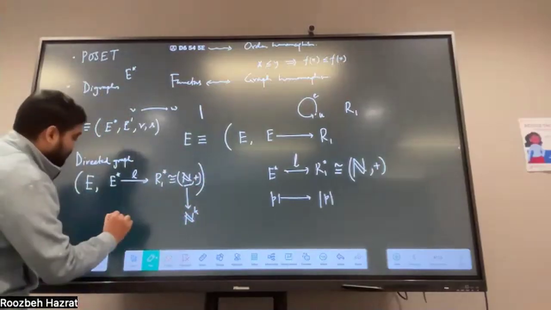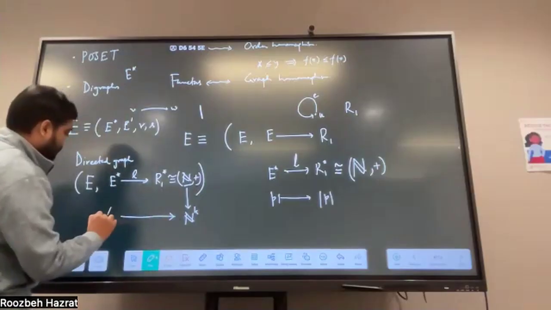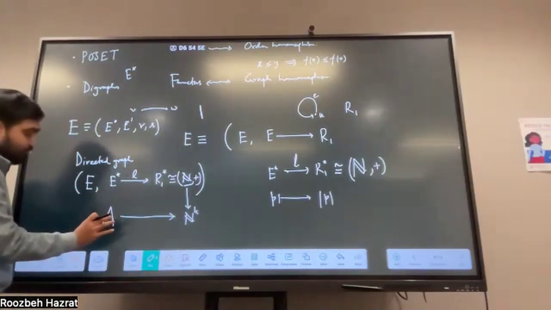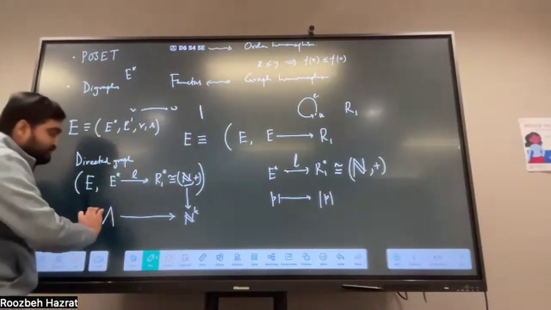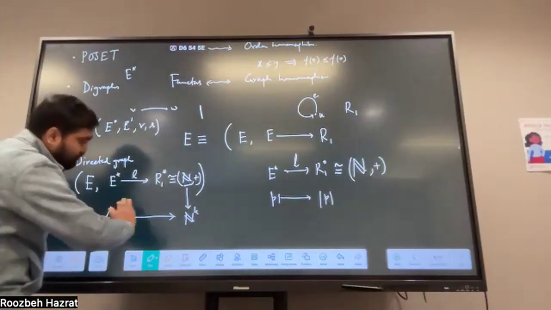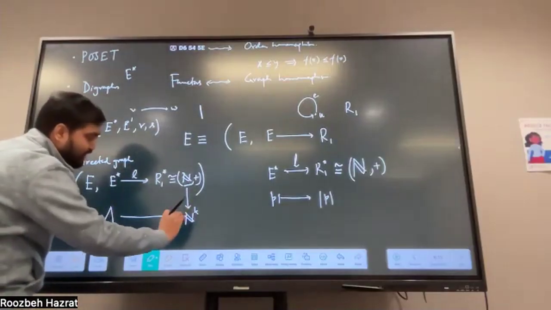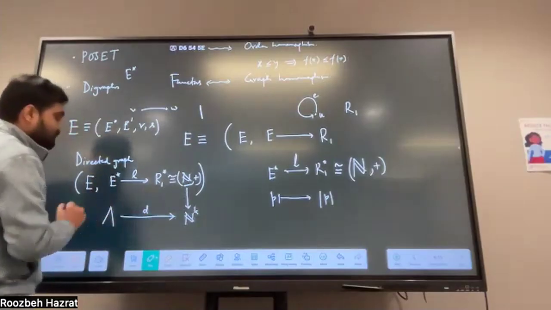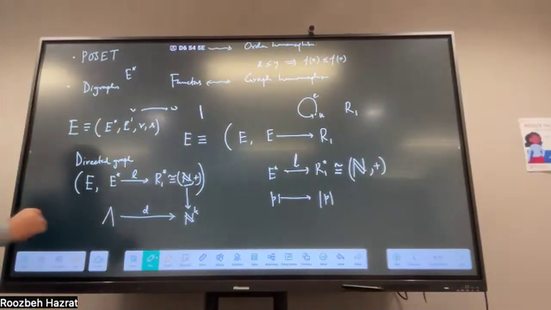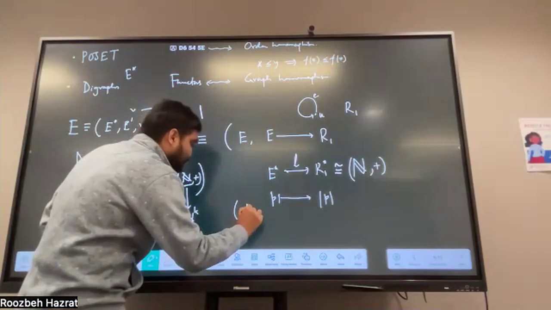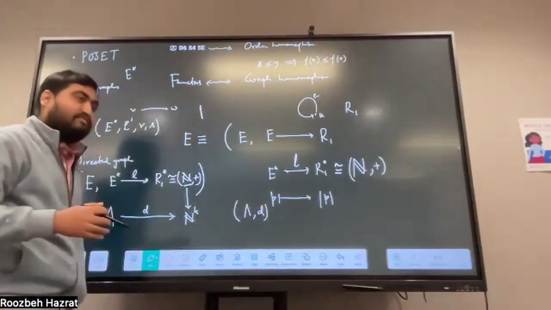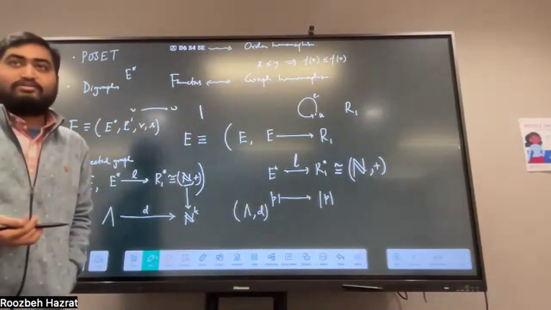And then suppose you have a small category here, Lambda, with a functor going to this monoid category N^k. Then why not call this pair Lambda, d a graph in higher dimensions, right?